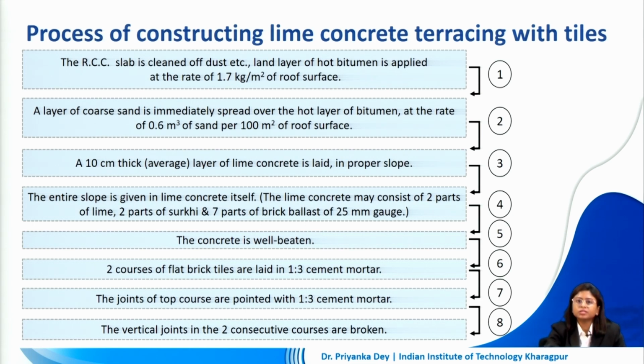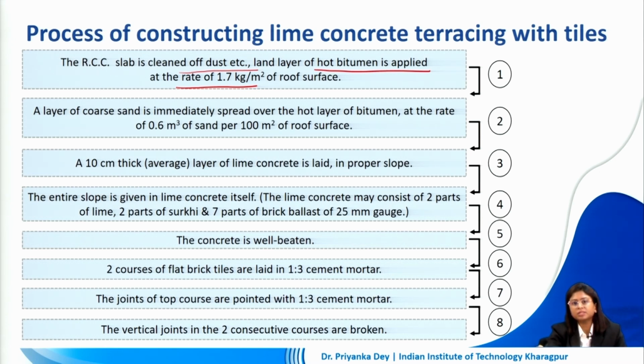The process which is followed for this is, the RCC slab is cleaned off, all dust and debris is removed. A layer of hot bitumen is applied at the rate of 1.7 kg per meter square on the roof surface. Followed by this, a coarse sand is immediately spread over the hot layer of bitumen at the rate of 0.6 meter cube of sand per 100 meter square of roof surface.